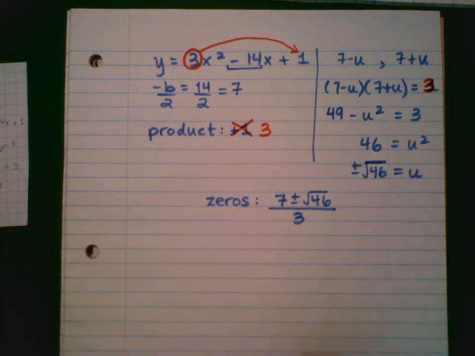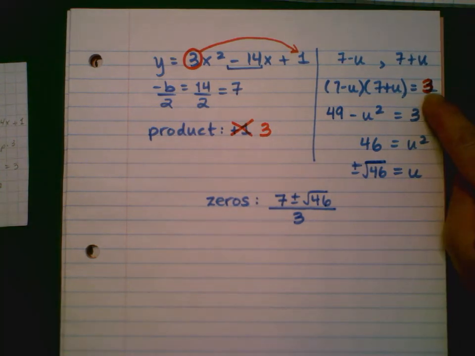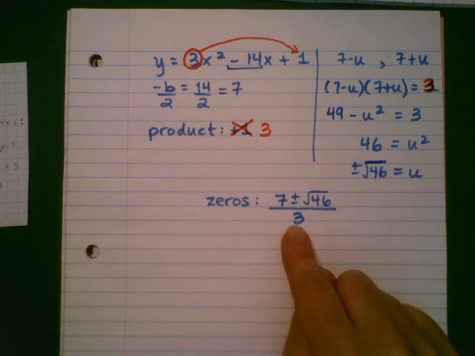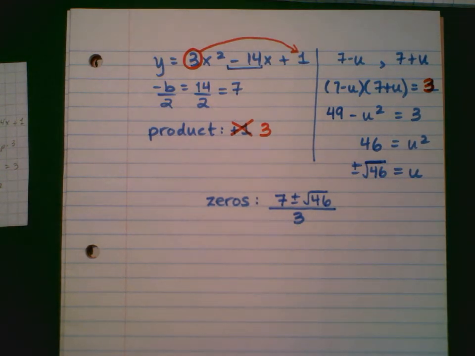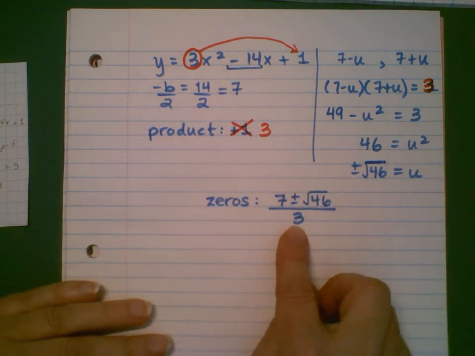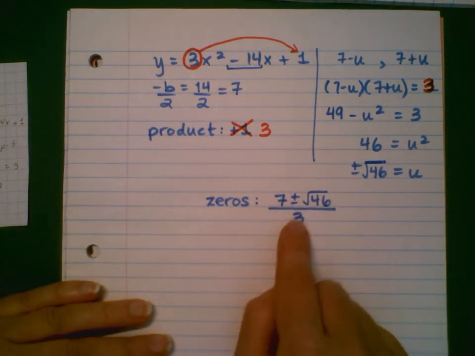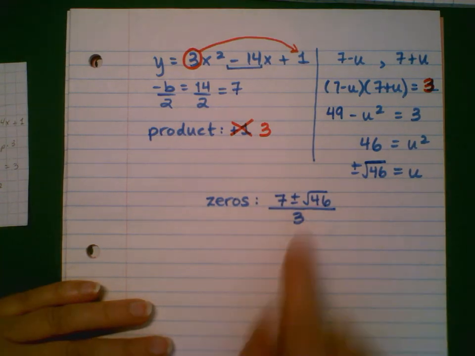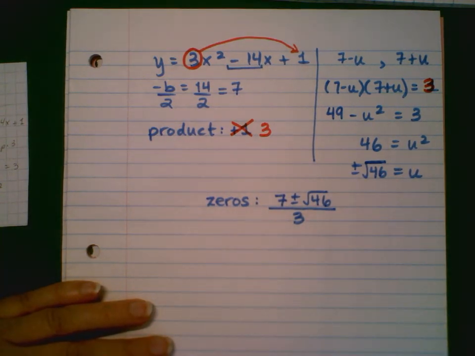So one way of looking at this, considering what we're doing here, is in the initial phase of the equation, we multiplied by 3. So now we're dividing by 3 to undo that process. And the result here is a simplified rational expression that includes a radical that represents the two zeros that exist.